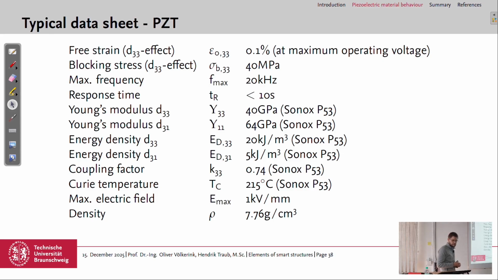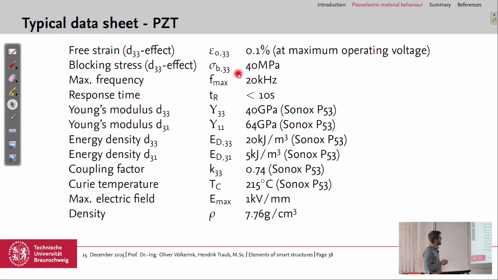Now, I also have a typical data sheet of this lead zirconate titanate ceramic. We have strains of 0.1%, so not much. The blocking stress is about 40 megapascals. This is the stress we could achieve when it's not embedded in a structure.